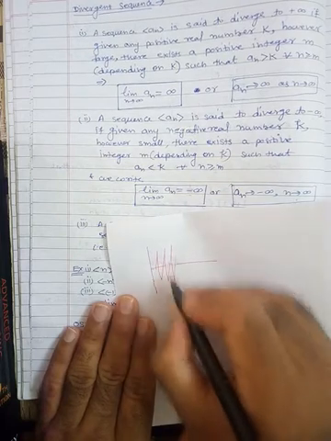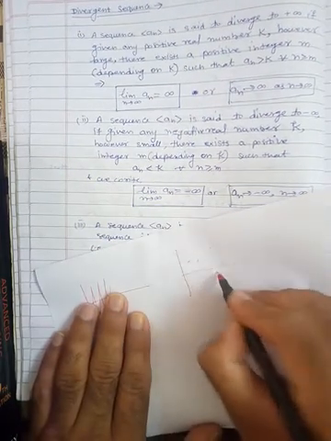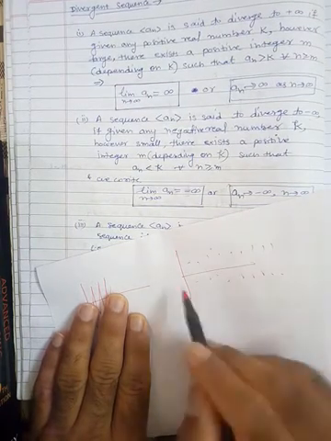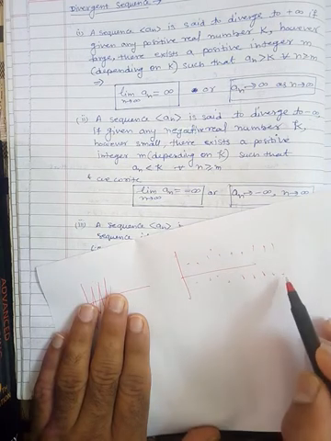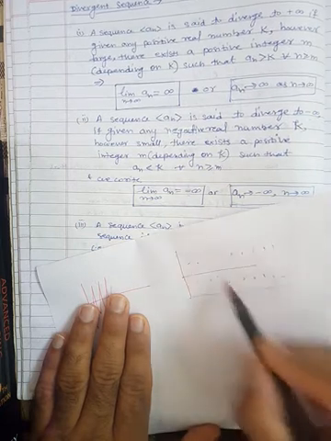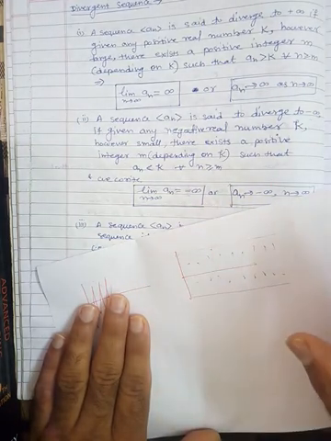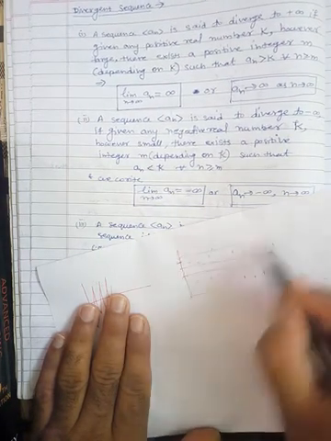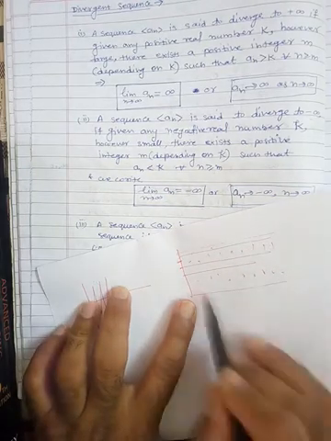For example, we have this kind of pattern. It neither converges nor diverges, but is bounded. All the terms lie inside this band, so it is bounded. But it does not converge, because if this were the limit, this band would cover all these elements, and it does not cover all of them.